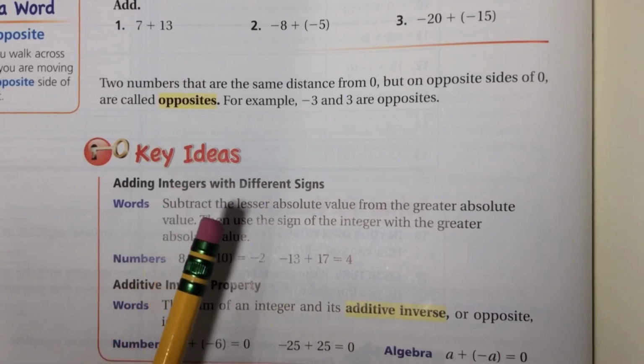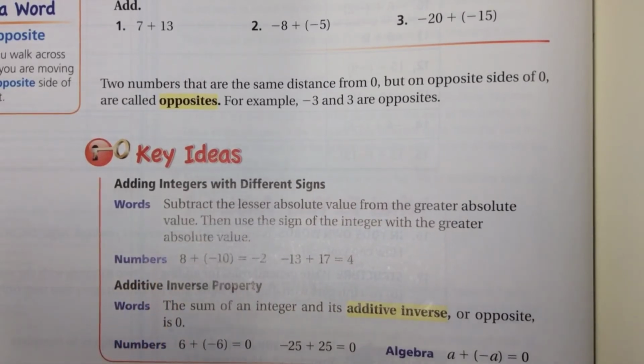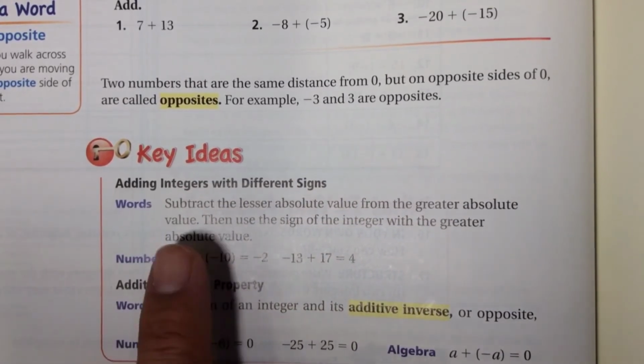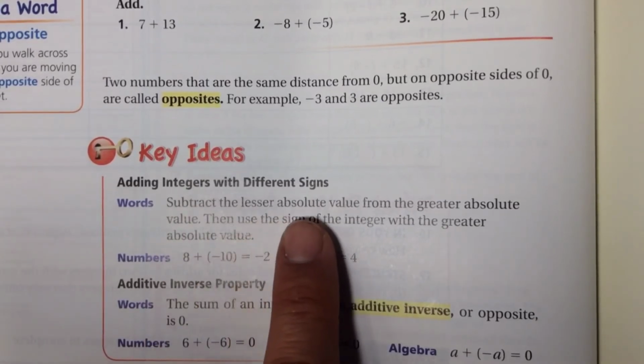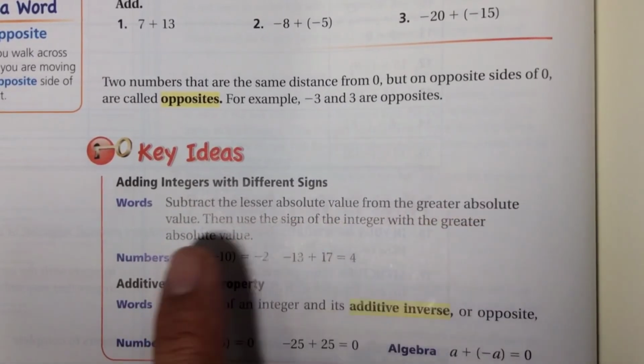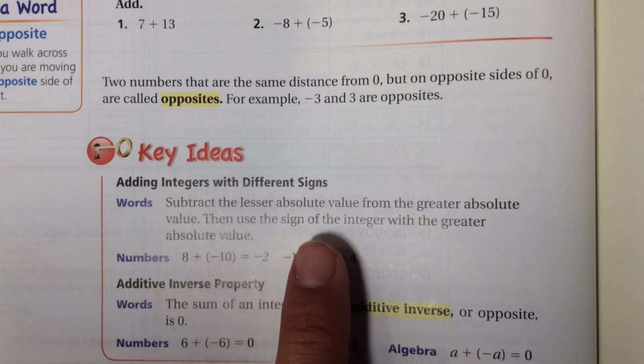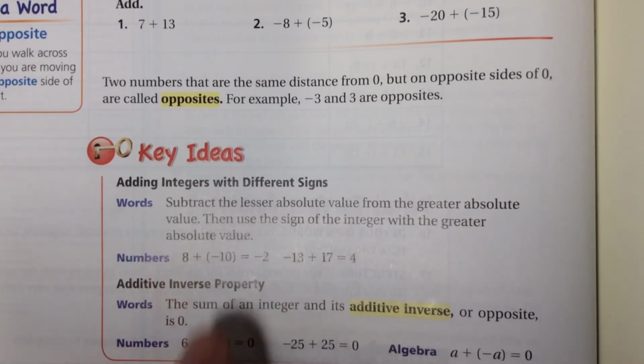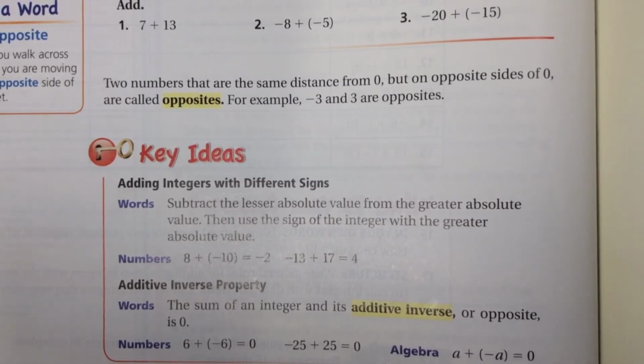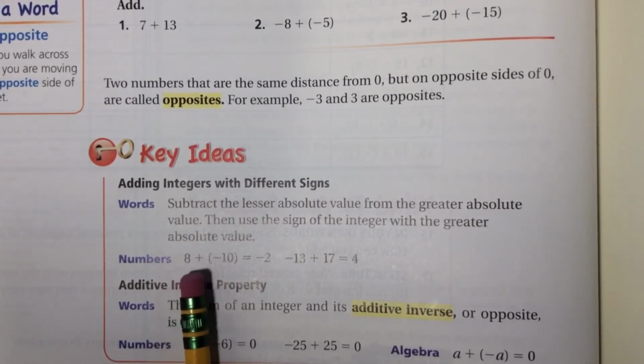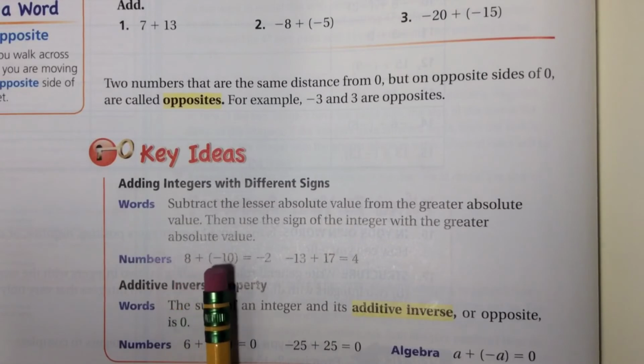All right, the next key idea here, adding integers with different signs. So now it says subtract the lesser absolute value from the greater absolute value, then use the sign of the integer with the greater absolute value. And that might seem a little confusing, but we'll do a couple of them and you'll figure it out. So 8 plus negative 10. Notice, different signs.